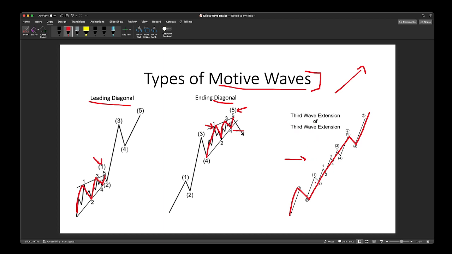So what happens is, inside the third wave, you see another extended 5-wave movement. And inside that extension is your original 1, 2, 3, 4, 5. These are very easy to spot because they just look exaggerated. We'll go into these other types of motive waves in future videos, but these are your basics.